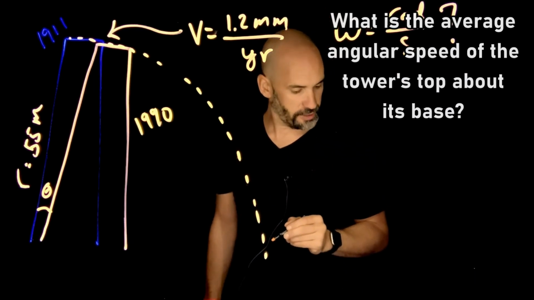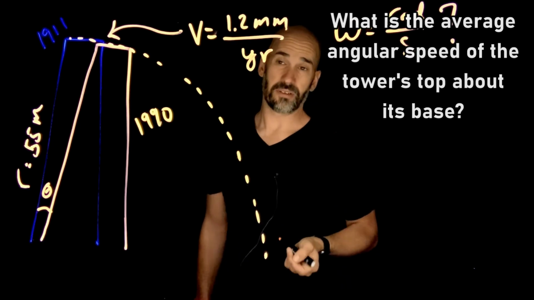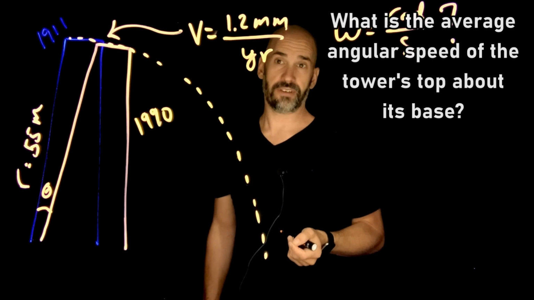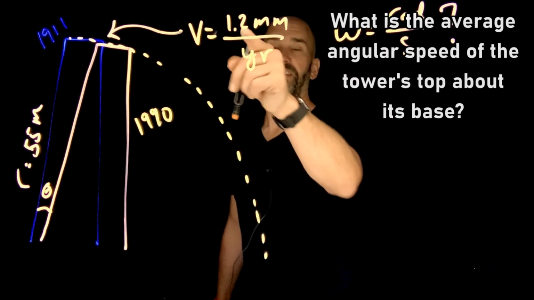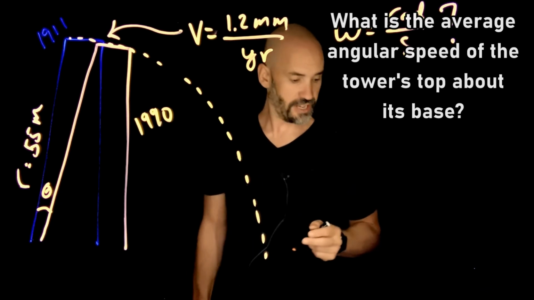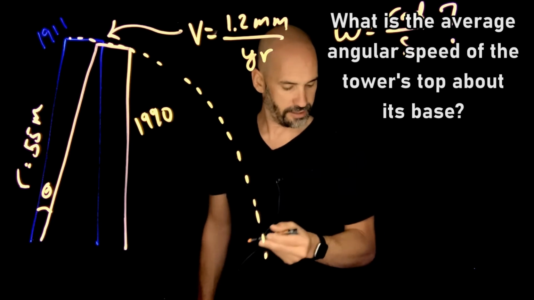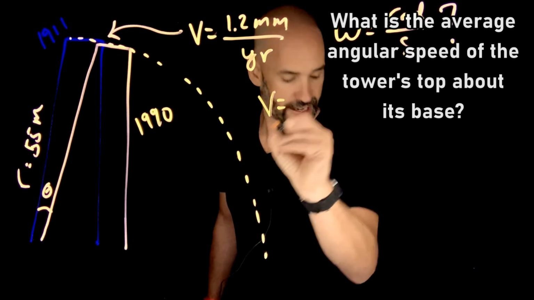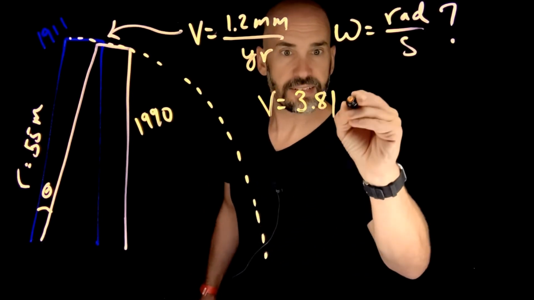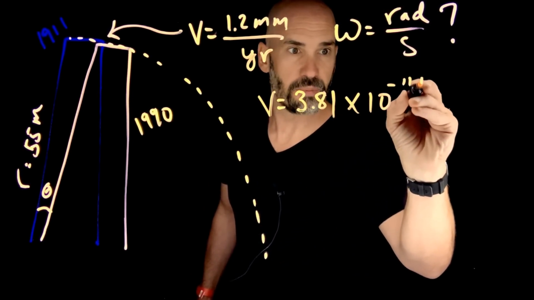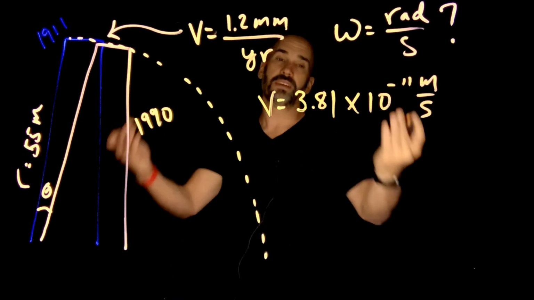First thing we need to do is turn that into SI units, which makes life a lot easier. That's in meters, and that's in seconds. Let's turn that into meters per second. I'll let you do that conversion, but I'll tell you what I got so you can compare it. I get that the velocity is 3.81 times 10 to the minus 11 meters per second. Once I have that, the problem's easy, folks.